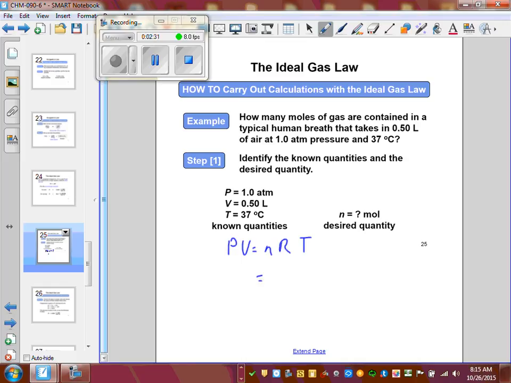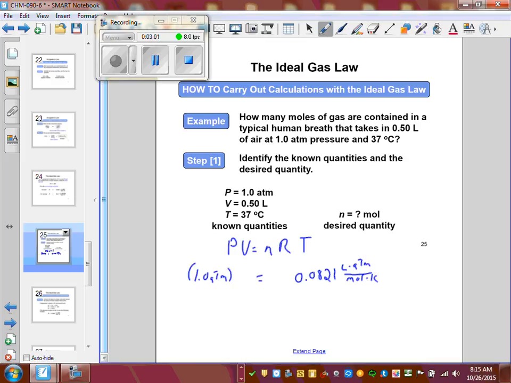We look at R, the universal gas constant, 0.0821 liters times atmospheres divided by moles times Kelvin. The units tell us what everything else has to be. So pressure has to be in atmospheres, and it already is, so I can put the 1.0 atm here.